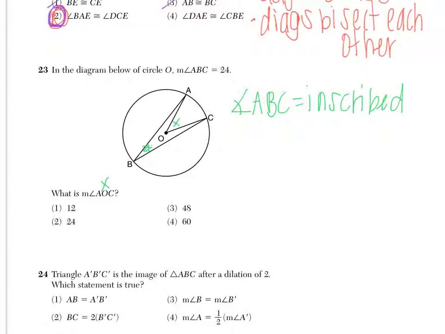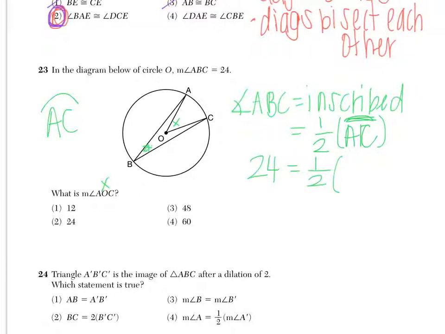And inscribed angles are equal to half the measure of the arc. And the arc that it intersects is arc AC, like this.